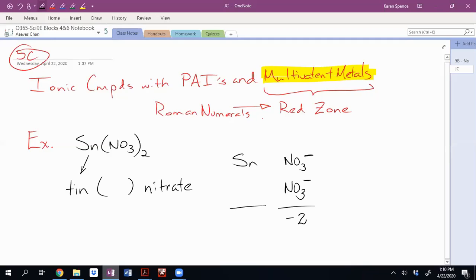And that means that our total positive charge must be equal and opposite. It must cancel out the negative charge, so it has to be +2. And then we take our positive charge and we distribute it onto however many atoms there are. In this case, there's only 1. So this is tin plus 2, which means that the name is tin Roman numeral 2, because of course the charge on a single ion is the Roman numeral.